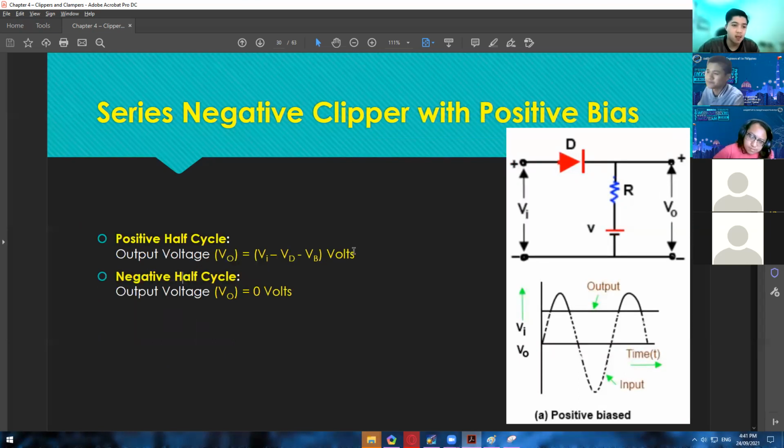So again, don't heavily rely on this one since this one still depends on your circuit. So pwedeng wala kang VB, pwedeng plus yung VB mo, and so on and so forth. But of course, during the negative half cycle, it's completely 0 volts.